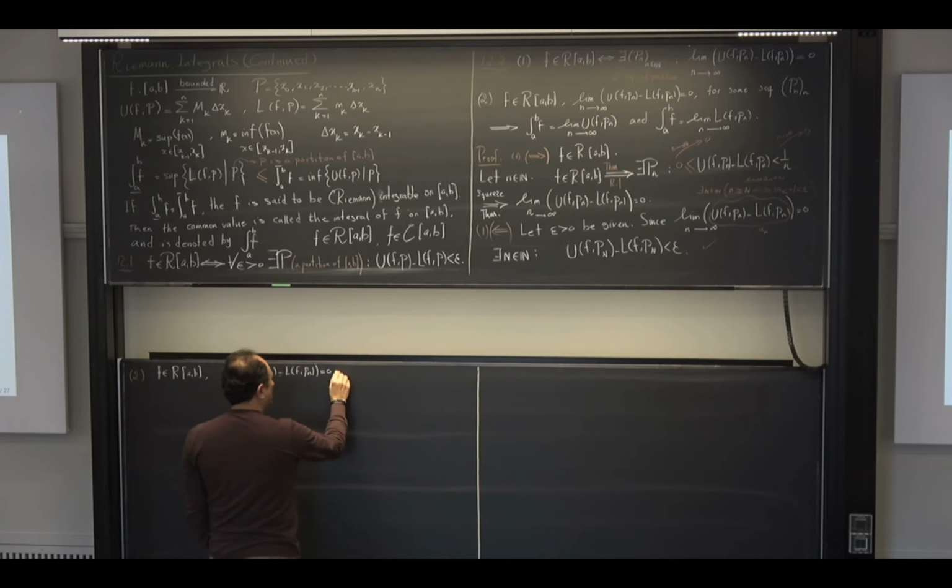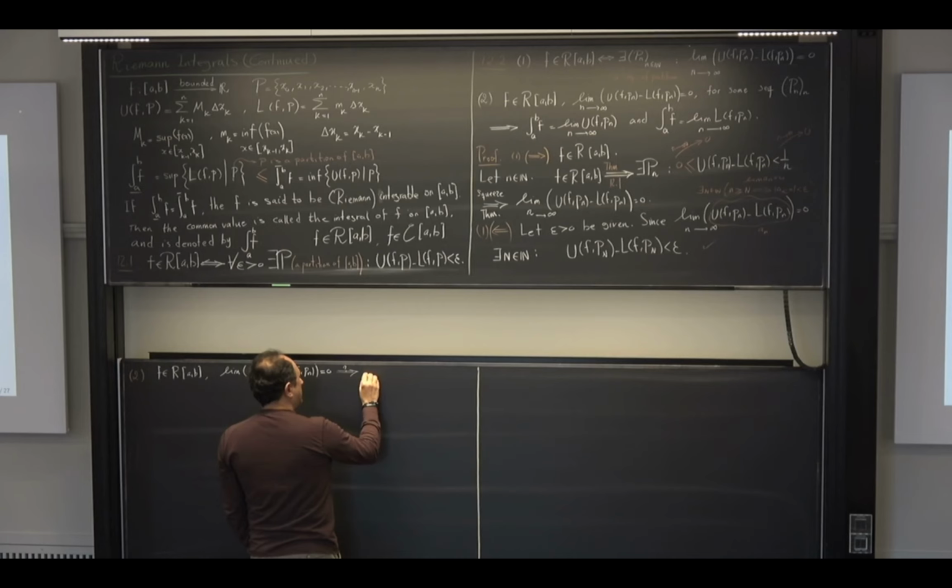So let me prove one of them for you. I want to prove that, for example, the limit of L(f, Pn) when n goes to infinity is equal to my integral. And of course, there is another one similar to that, but the proofs will be similar.